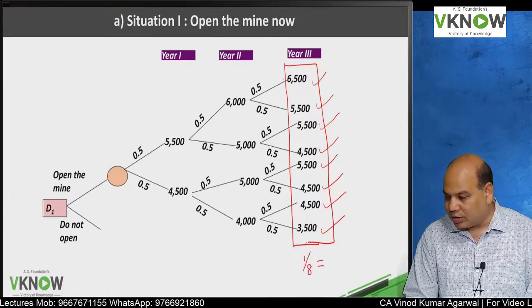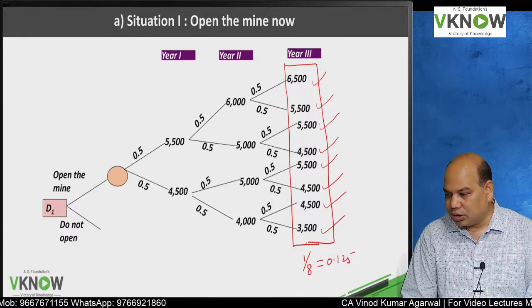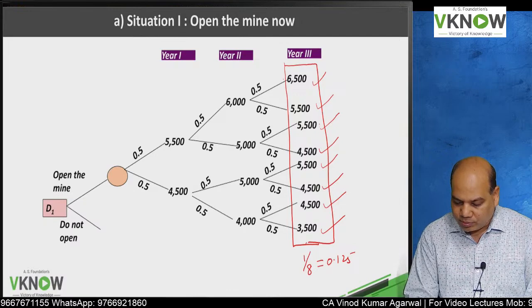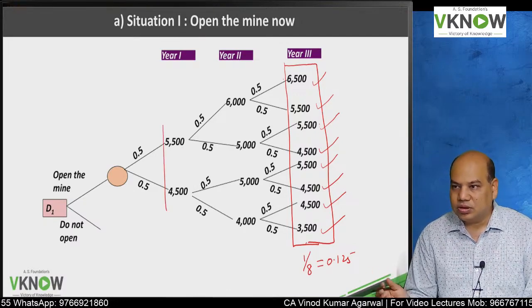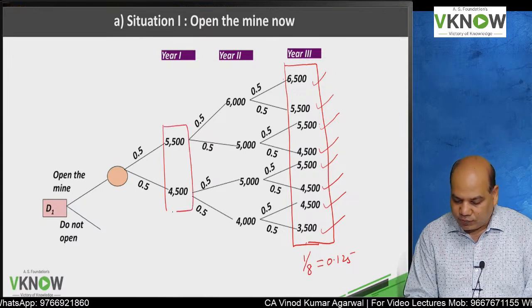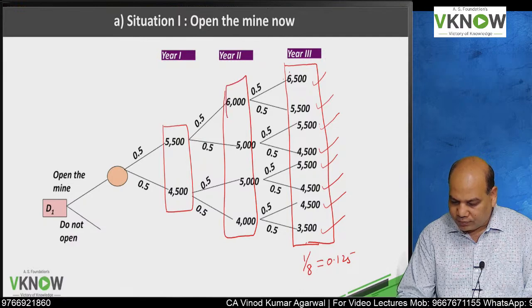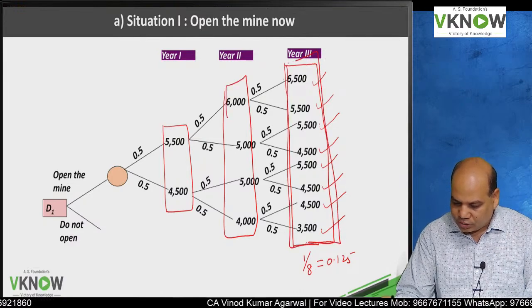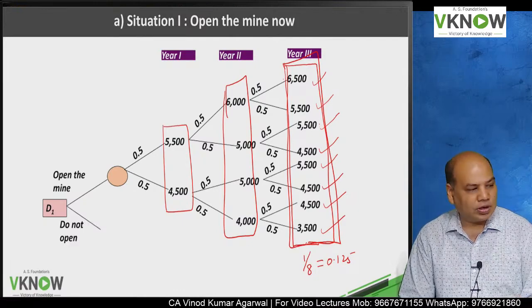So the probability is 1 by 8, 0.125. So the probability of cash flows in year 1 is 0.5, year 2 is 0.25, year 3 is 0.125. Keep this in mind and then we can solve the problem.